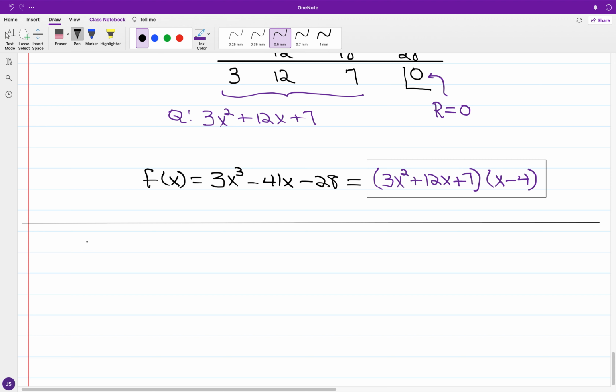This is over in the next section, section 2.5, concerning domain and vertical asymptotes of rational functions. There are other types of asymptotes we'll be looking into, but for right now we'll be looking at vertical asymptotes.